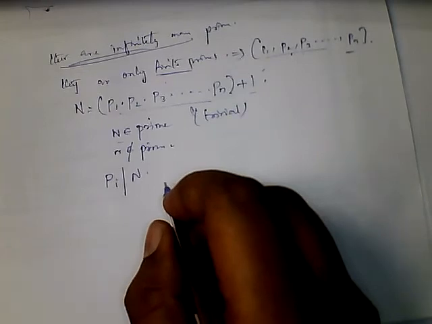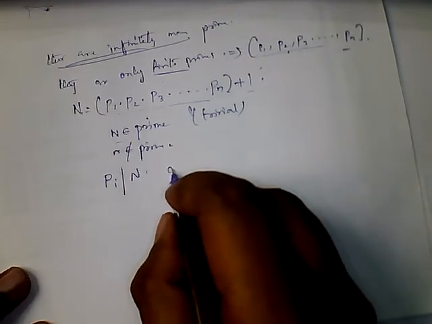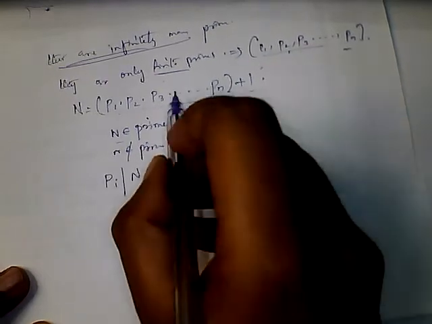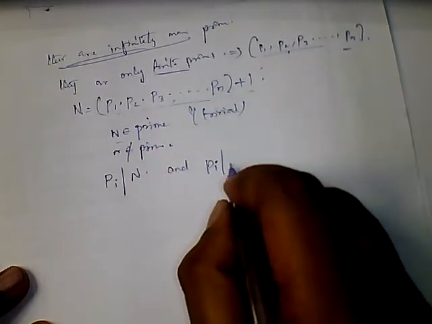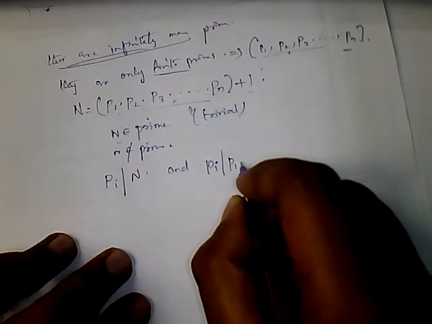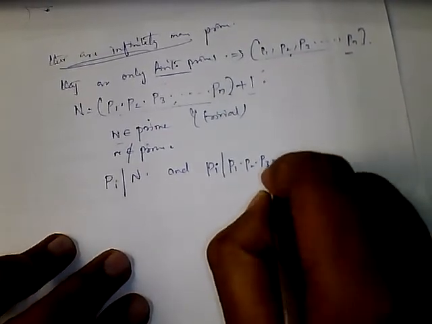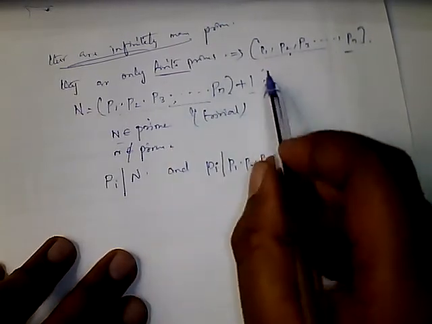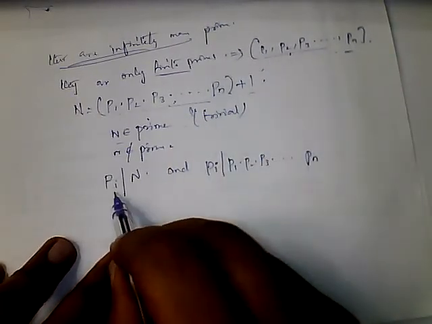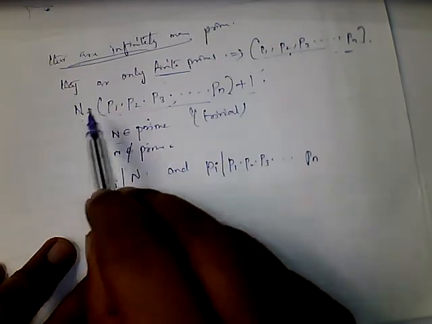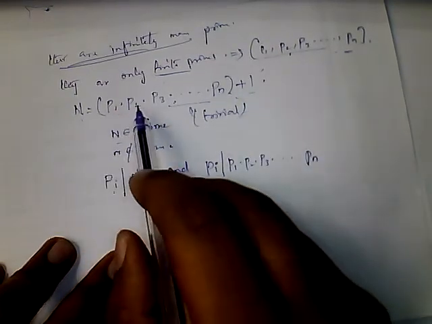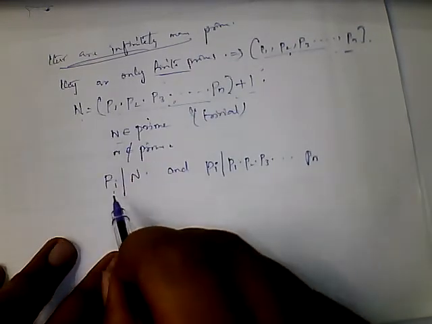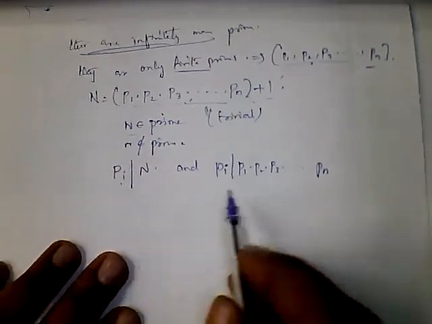And pi also divides this product p1, p2, p3, and so on up to pn, because we have selected this pi from the finite series, and since n is equal to this number, one of the primes must divide this n, by the previous theorem that we have seen.